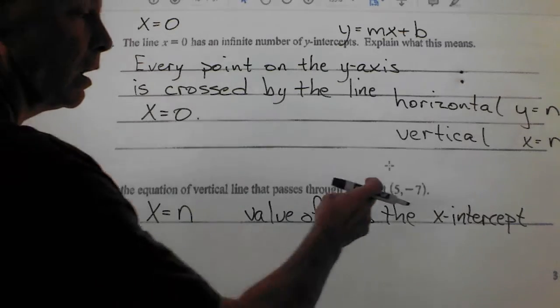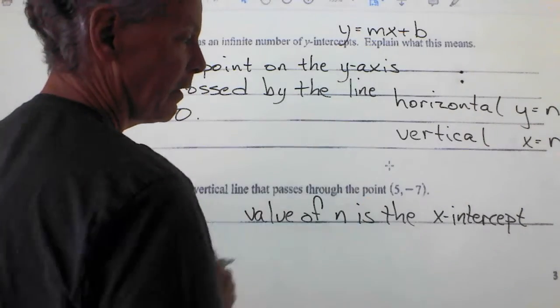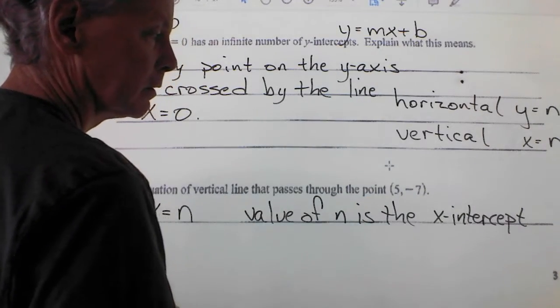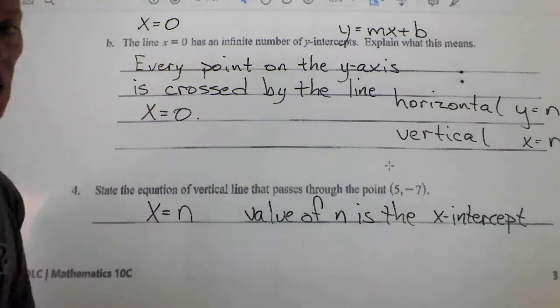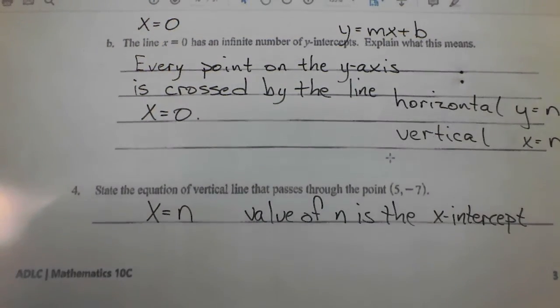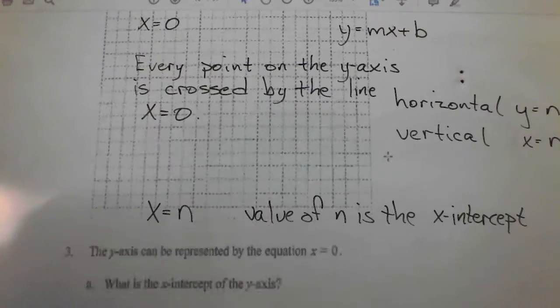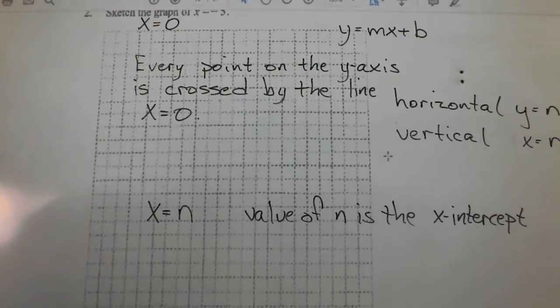Well, if it passes through this point at 5 and negative 7, where is it going to cross the x-axis? Again, better to show you than to tell you.